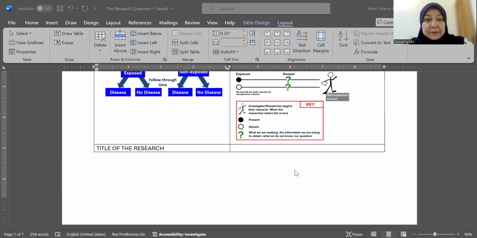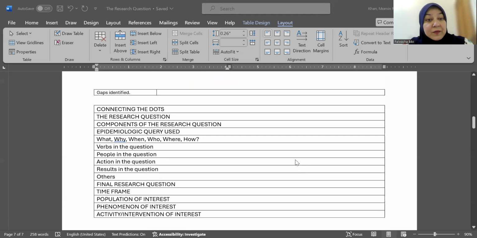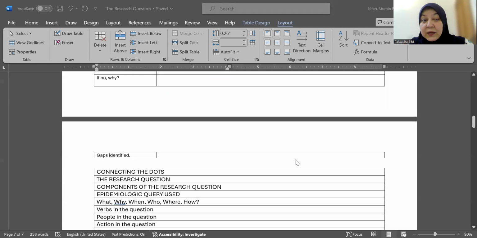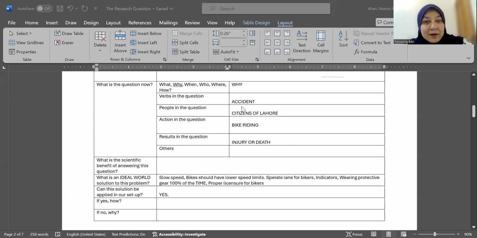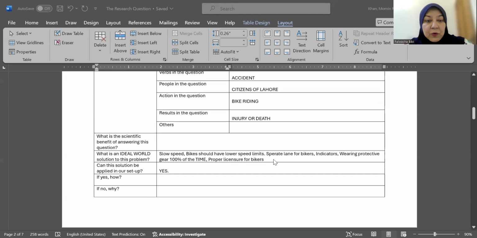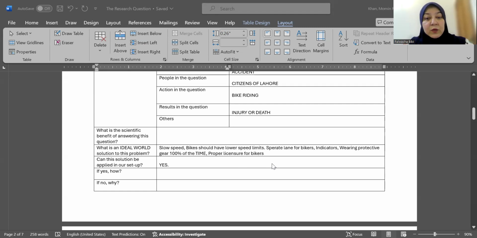So I'm going to share my screen now, and I'm going to go to the Word document. Now this is a continuation of the same Word document that we did last time. Remember, accident, citizens of Lahore, bike riding, injury or death, and then the ideal world solution.